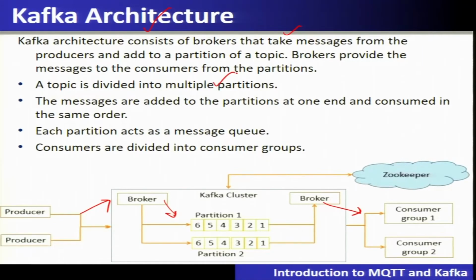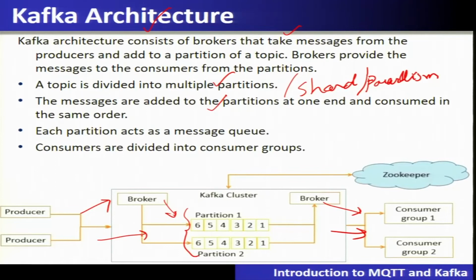A topic is divided into multiple partitions, which is also called sharding, and it introduces parallelism here. Messages are added to the partition at one end and consumed from the other end. Each partition acts as a message queue, and the consumers are divided into consumer groups.